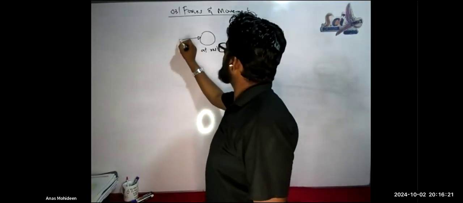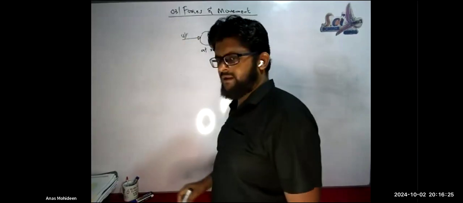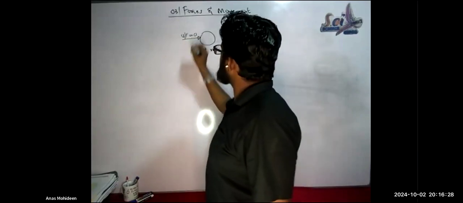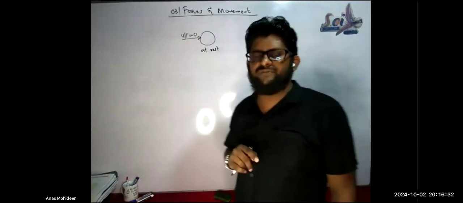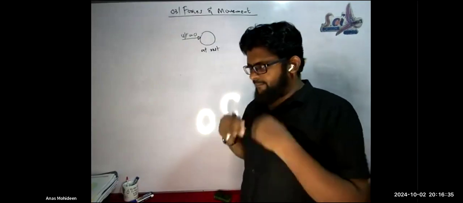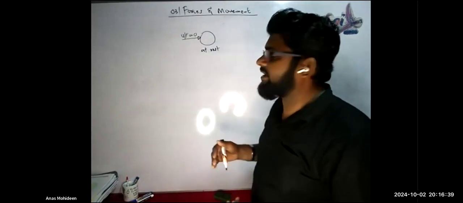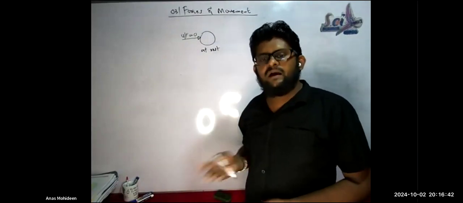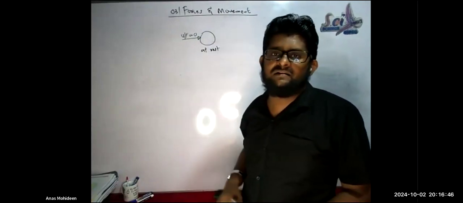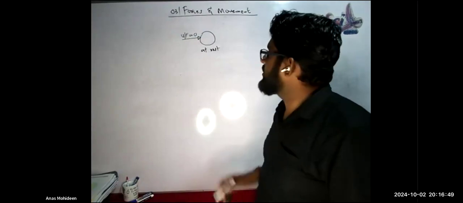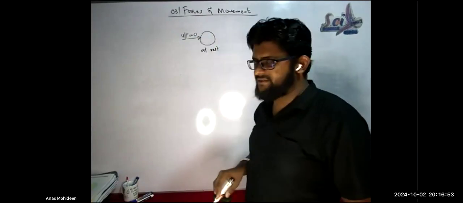Let me take it as UF, unbalanced force. The unbalanced force is 0, meaning you might be applying a force less than what is needed. Let's say the maximum force you have to apply is 100 Newton. Only if you apply more than 100 Newton will the object move. That is unbalanced. If you apply less than 100, that is not unbalanced. So the unbalanced force is 0, and the object remains at rest.